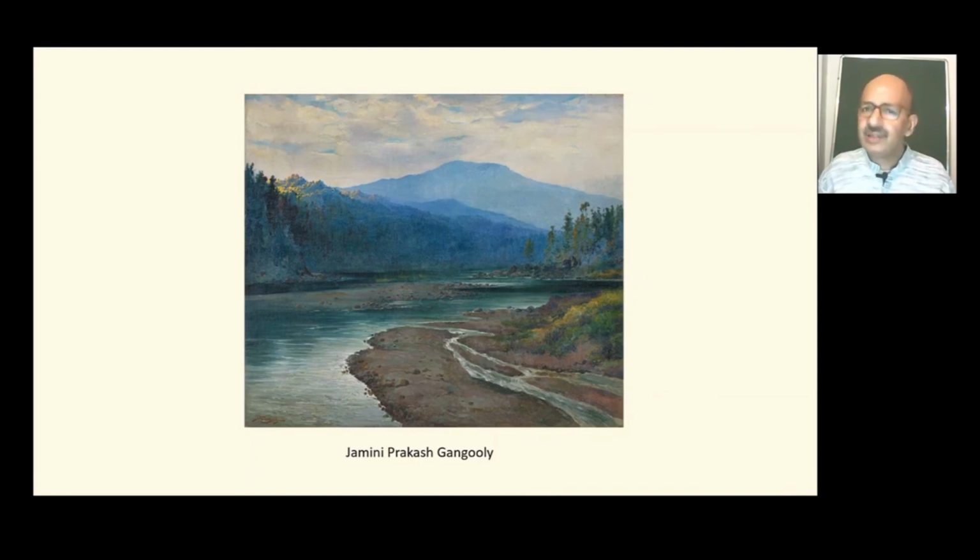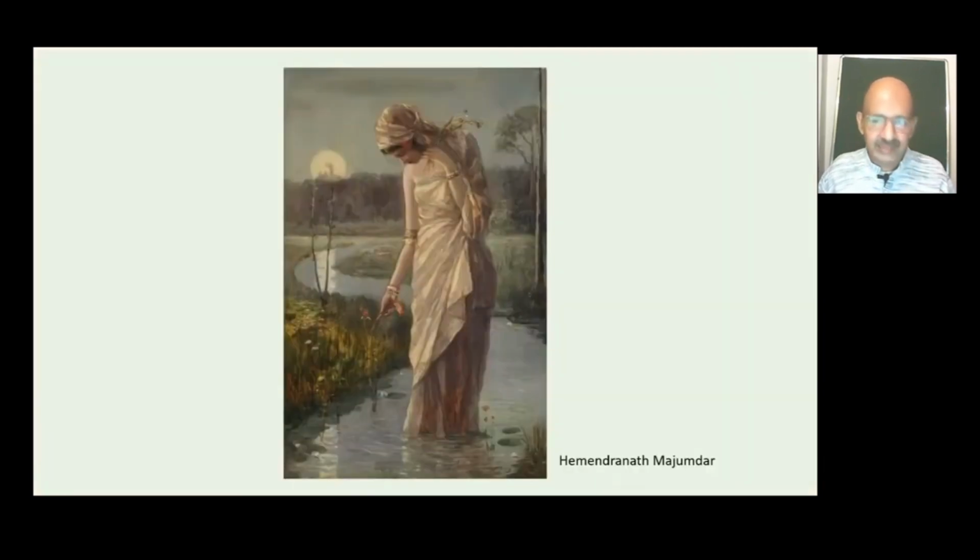It is only on this count that Jamini Prakash Ganguly can be connected to certain ethos or feelings of Bengal school. Otherwise, his stylistic aspects are very close to Western academic naturalism.